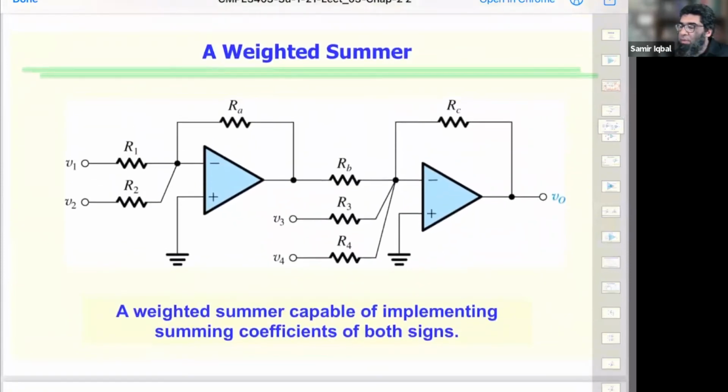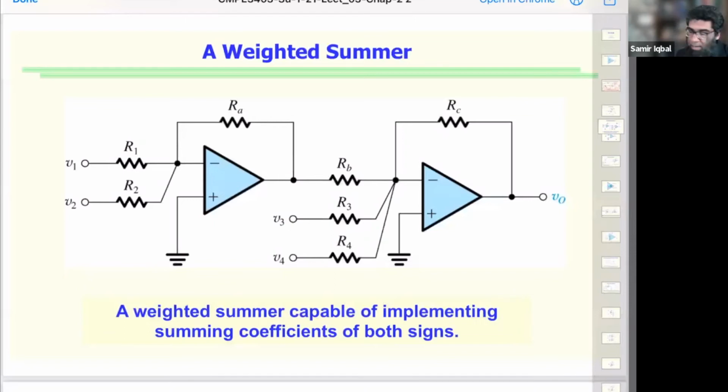All right, so we can sum positive and negative both types. So for example, if the signs are different, if they are out of phase, we may have to sum signals with opposite signs. So we do that by using two op amps. One is getting signal in one phase, the other is getting signal in the other phase.